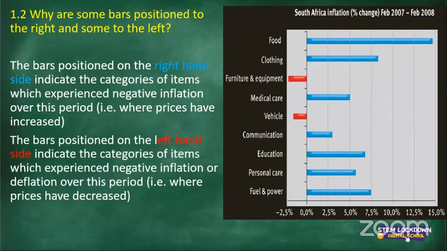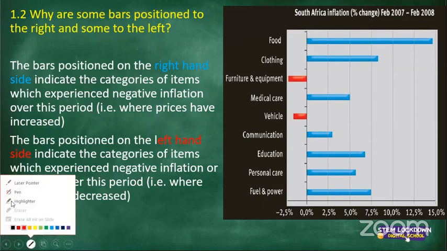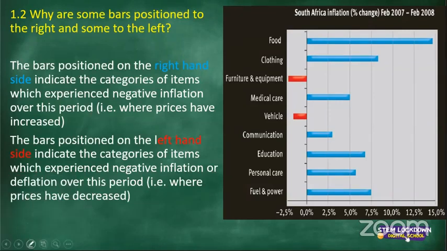And then the bars positioned on the left-hand side indicate the categories of items which have experienced positive inflation over this period, where prices have decreased.